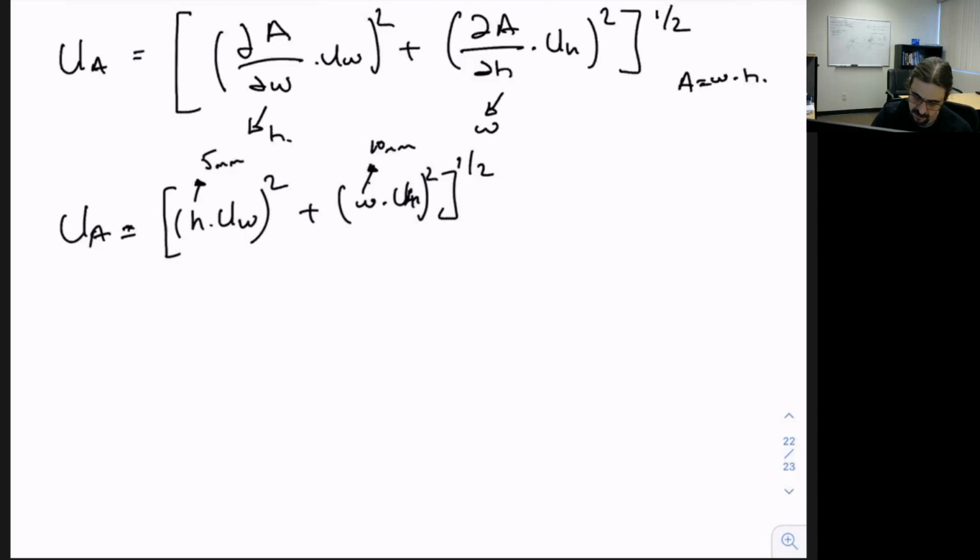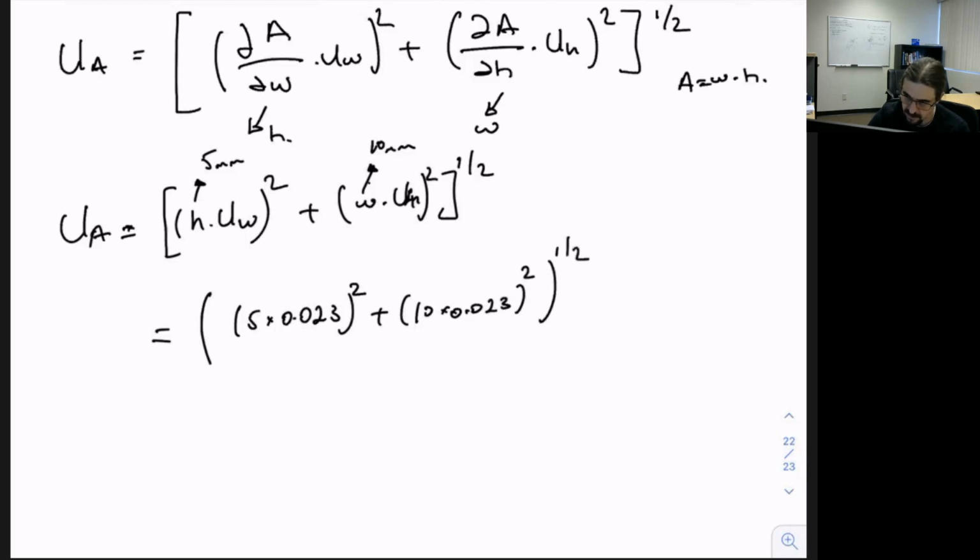Okay, and if I put everything together now, that's going to look like the square root of 5 times 0.023 squared plus 10 times 0.023 squared, and that gives me plus minus 0.256 millimeters.